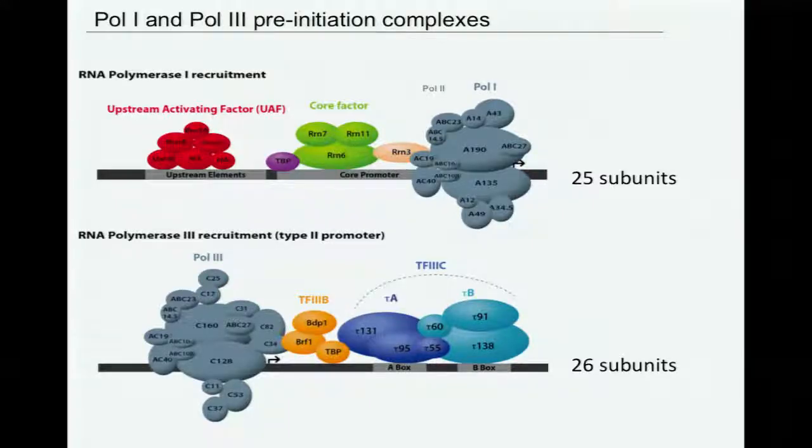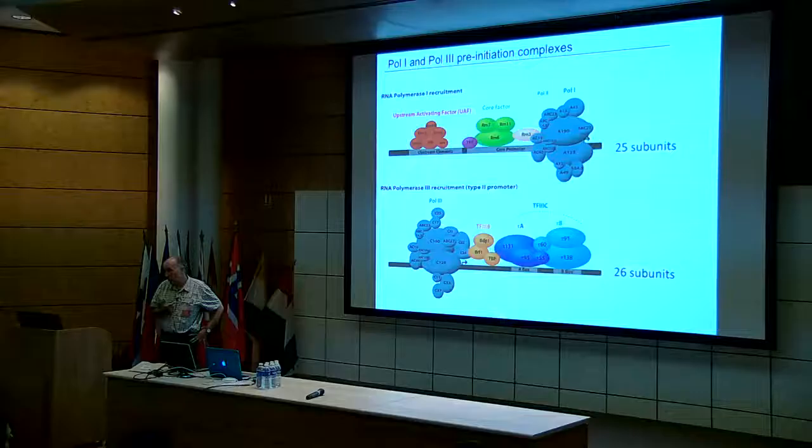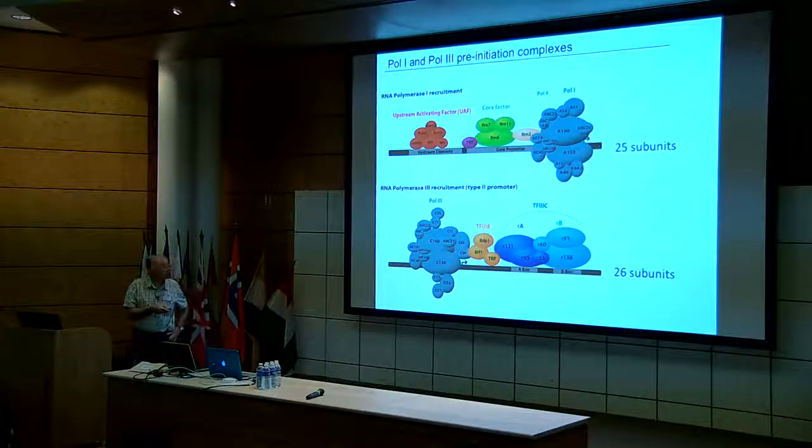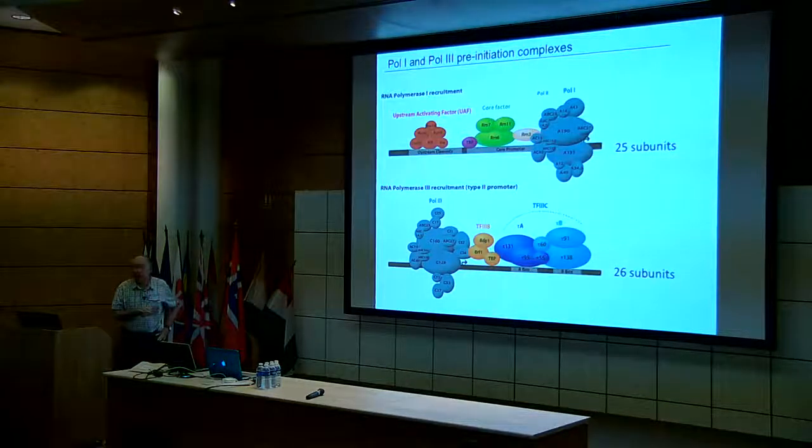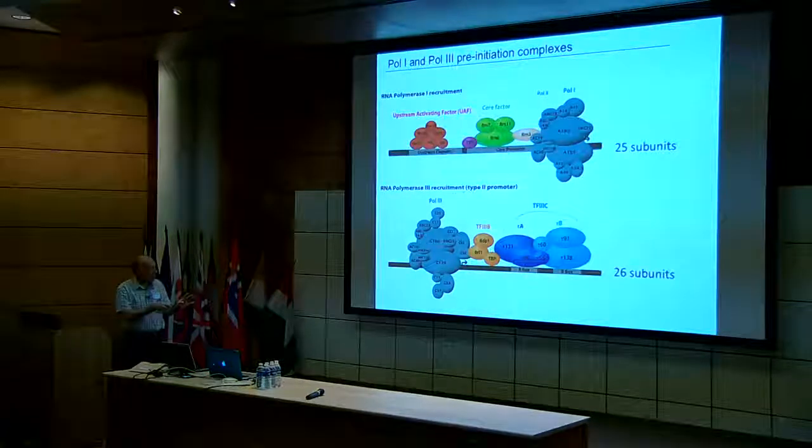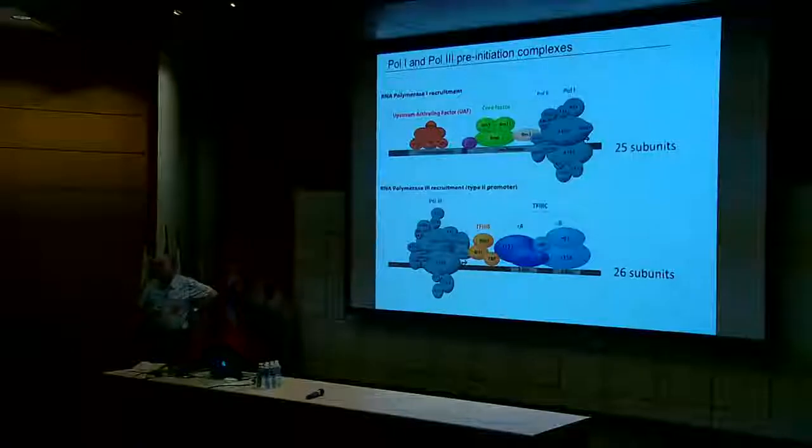As a next step, we are now looking at the Pol 3 pre-initiation complex. In the Pol 3 pre-initiation complex, as it's found in type 2 promoters, which are important for transcription of tRNA, it is TF3C which positions TF3B, and TF3B then recruits RNA polymerase 3.